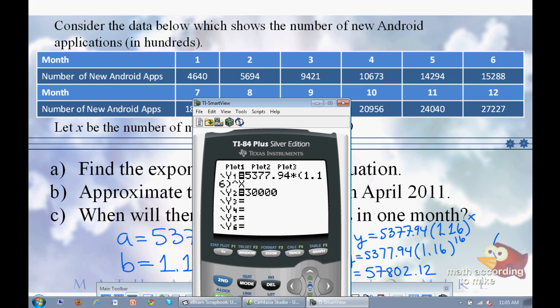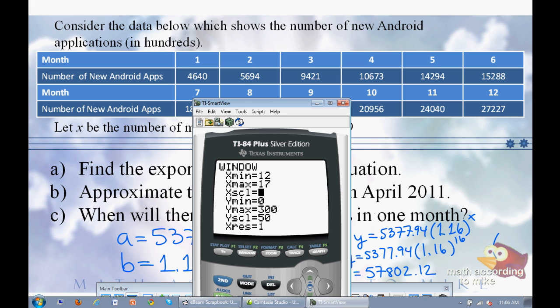Before we hit graph here, let's make sure our window is sufficient. Remember, x is the number of months since December 2009. And since we just talked about it, it's got to be between January and April of 2011. So that would be between 13 and 16. So for some breathing room, we'll say x min is 12 and x max is 17.